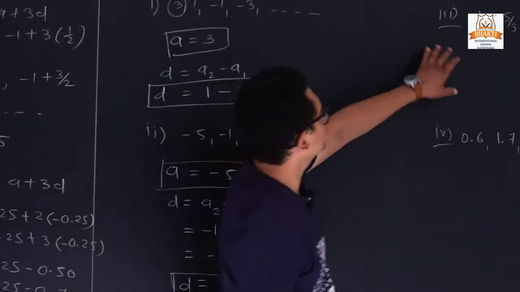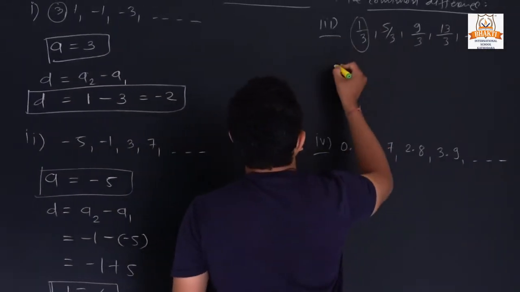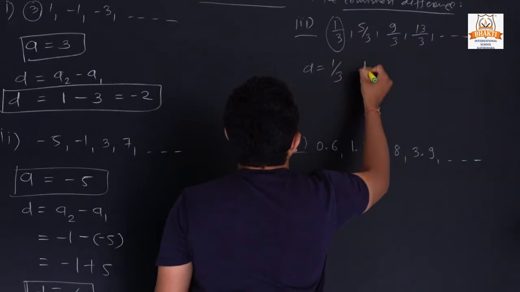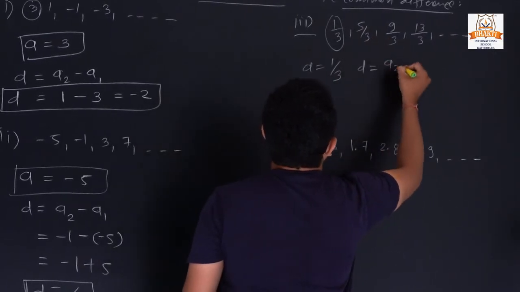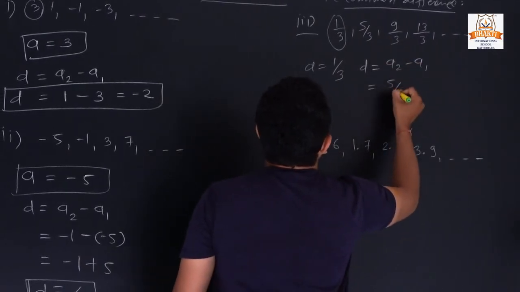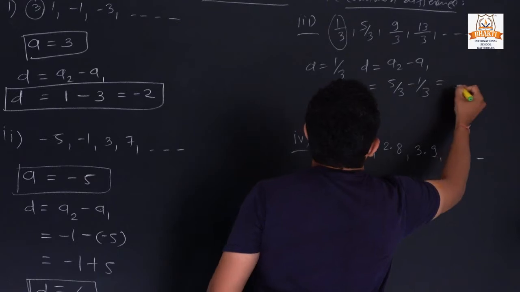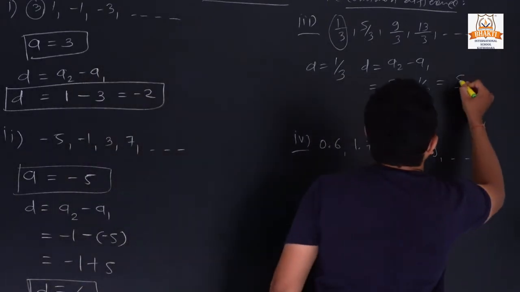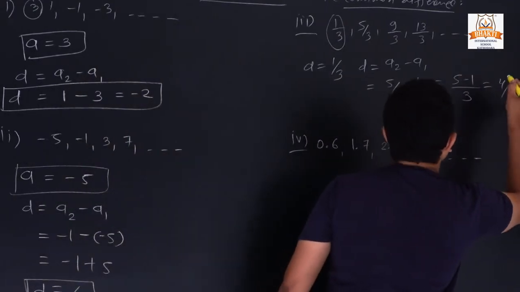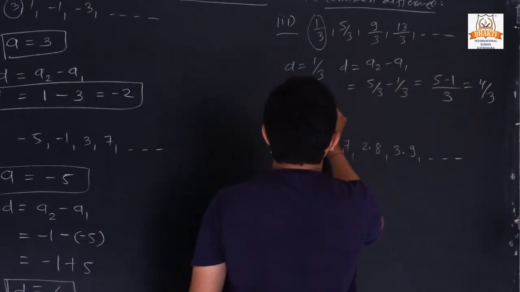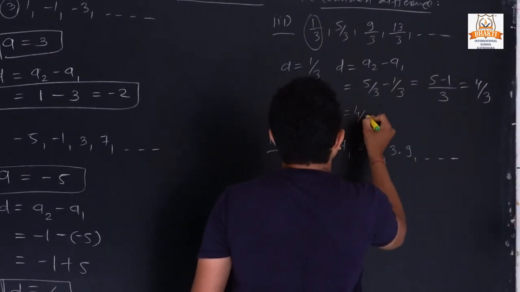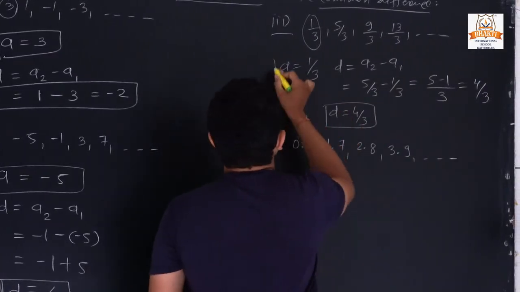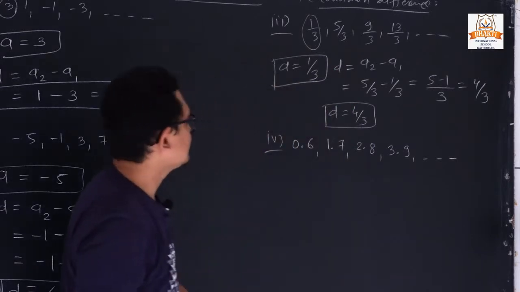Now the third: what is the first term? 1 by 3. What is the difference? A2 minus A1, 5 by 3 minus 1 by 3. 3 is our LCM, so 5 minus 1 is 4 by 3. So D is 4 by 3, and the first term is 1 by 3.